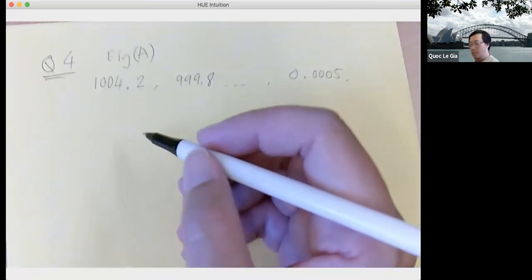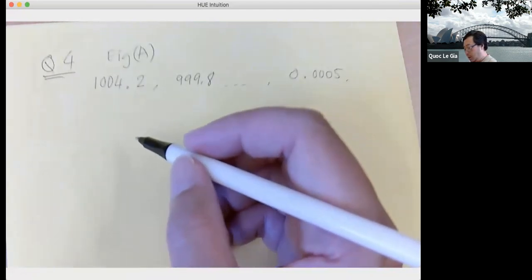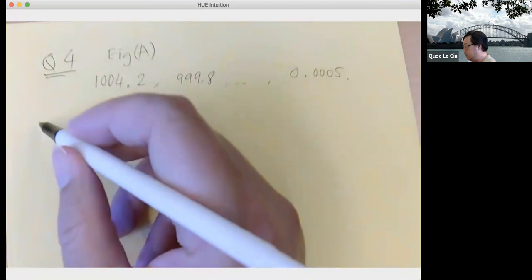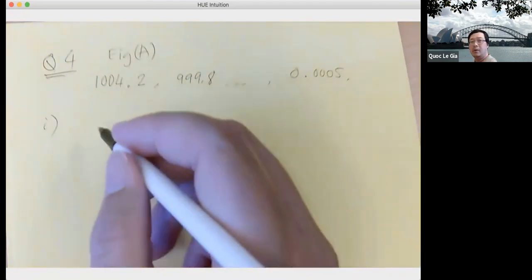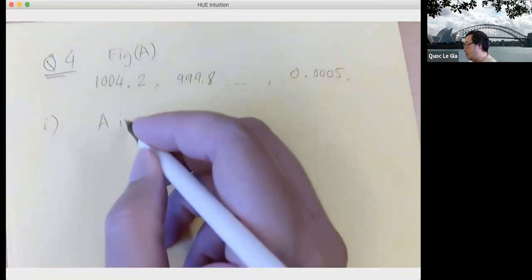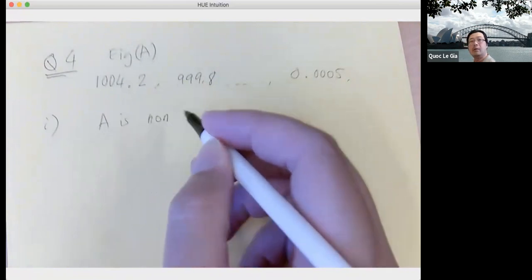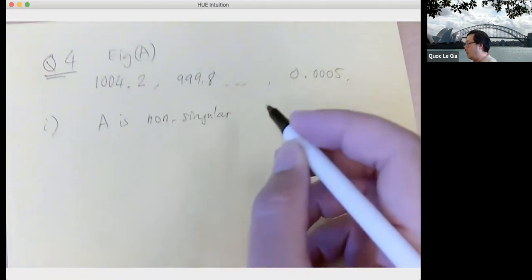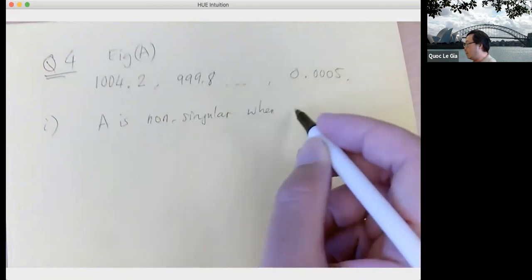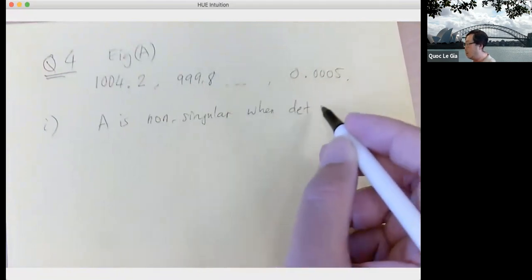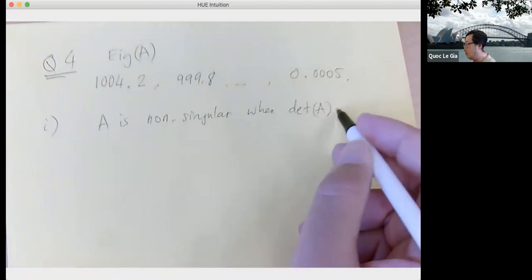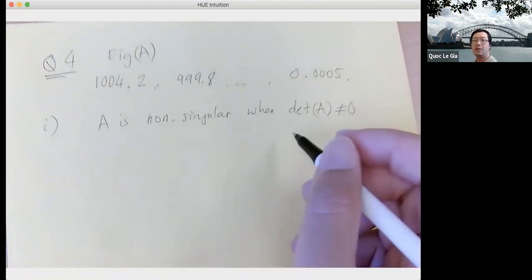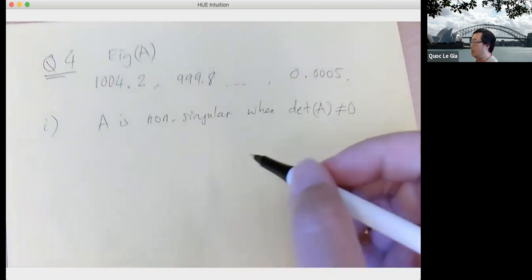Now, why is A non-singular? Remember, A is non-singular when the determinant is not 0. This is the definition of a non-singular matrix.